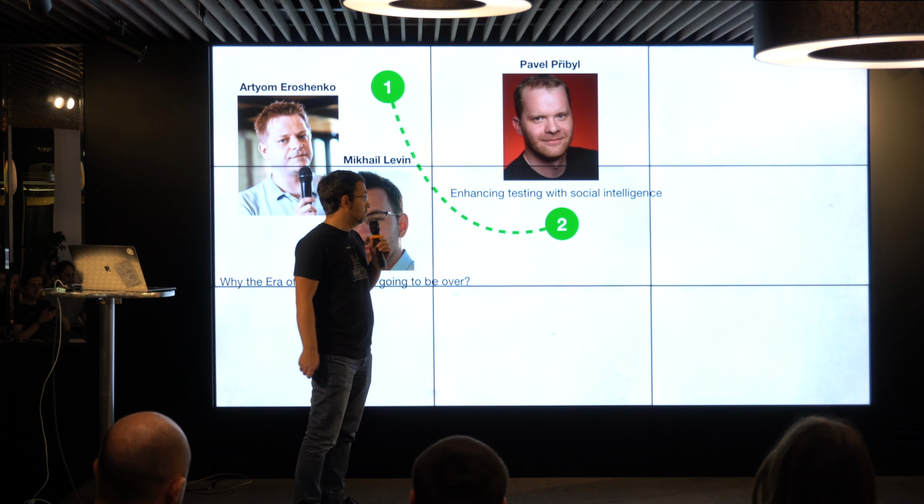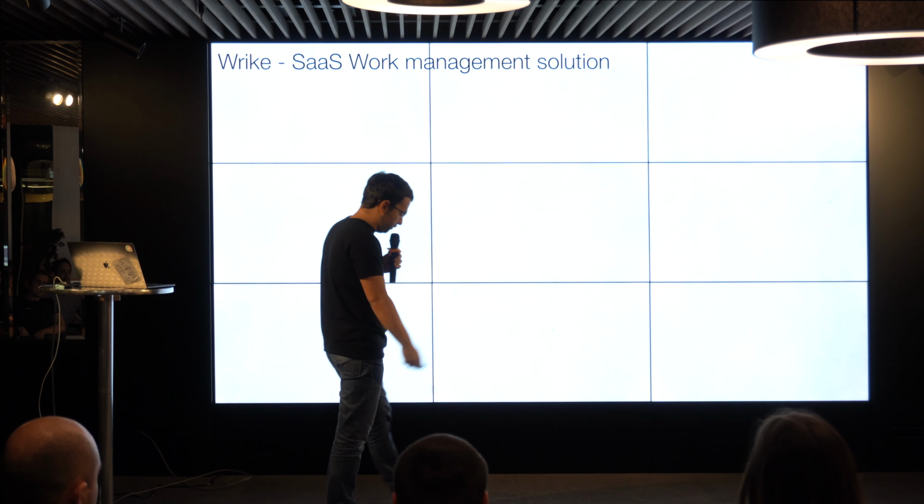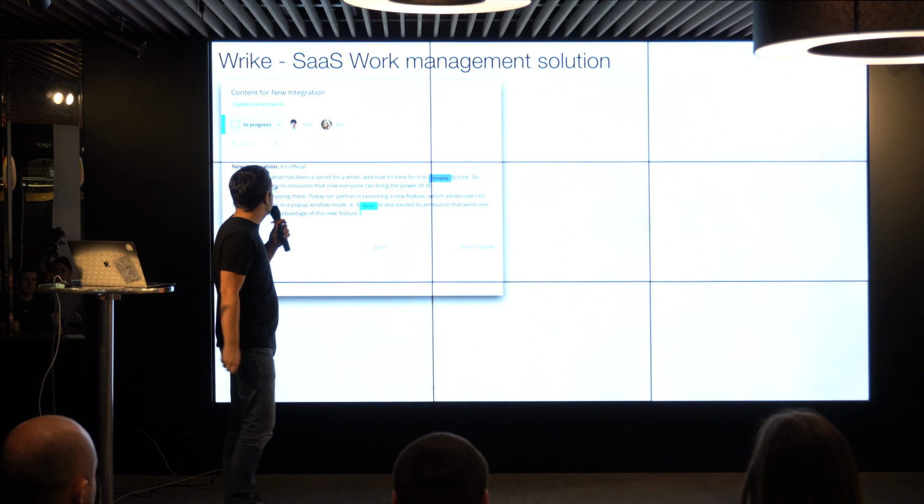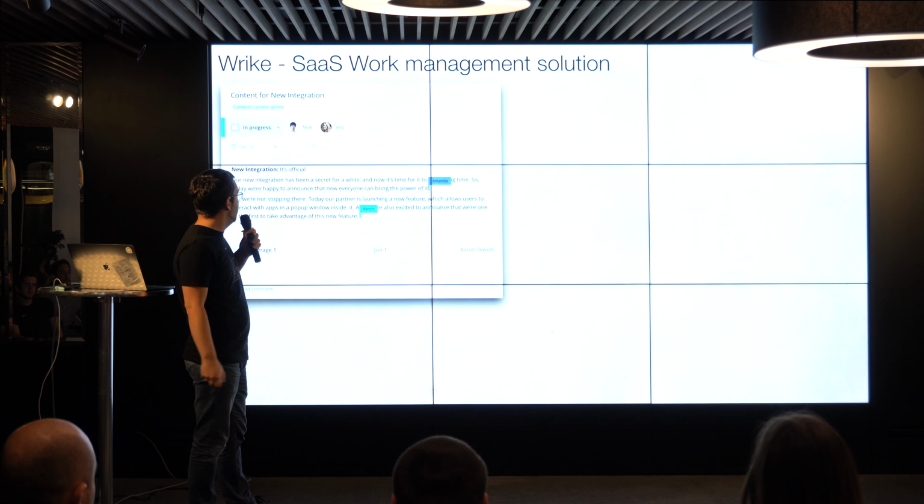All right. So a few words about Wrike. Wrike is a SaaS, software as a service, and we call it a work management solution. It's a relatively new product niche. It's a competitive place, and as a platform, we have a lot of different features.